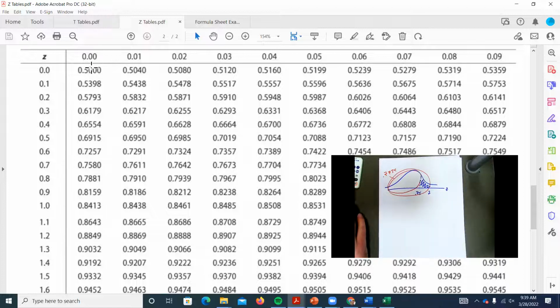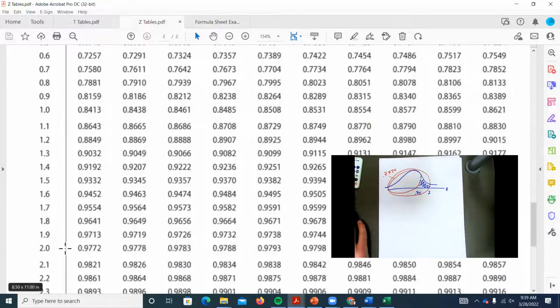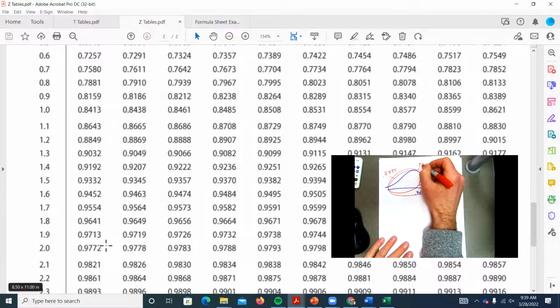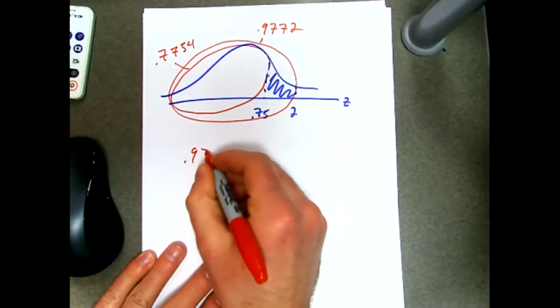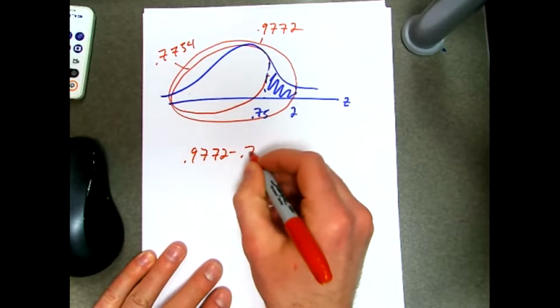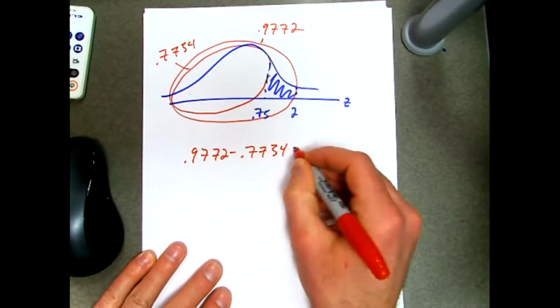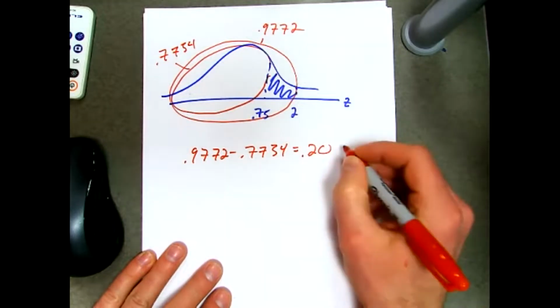Then if I look up that z-value of 2, 2.00, 0.9772. And now at this point, I just have to subtract that smaller area from that larger area. I get what, 0.20.